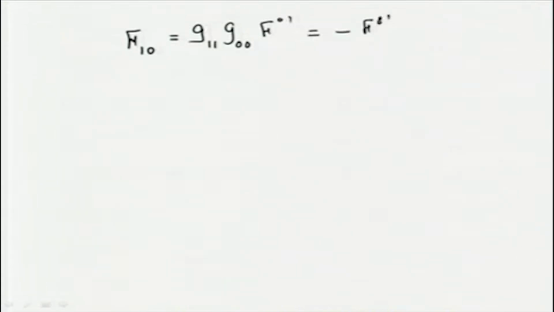In fact, since it is antisymmetric with the interchange of these two indices, we do not really have to write this down at all. We can get it from F 0 1. So, we will not write the rest of it. For the 1, 2 element, it is G 1 1, G 2 2, F 1 2, and both G 1 1 and G 2 2 are minus 1, therefore together they give a plus 1, and the sign is not changed in this case.